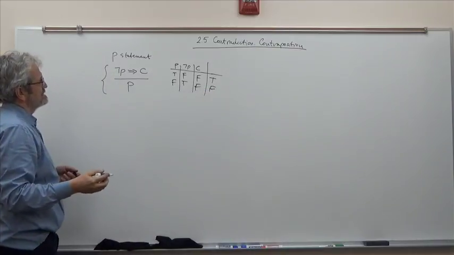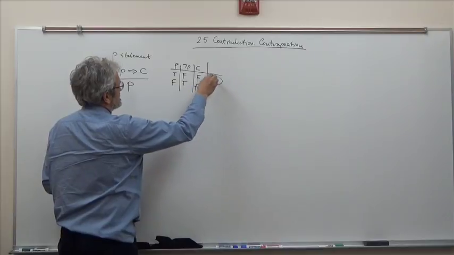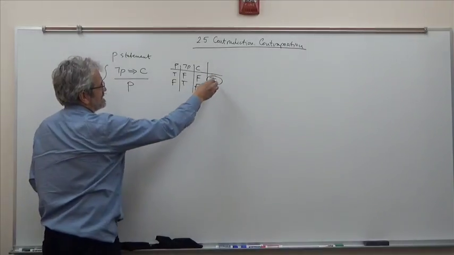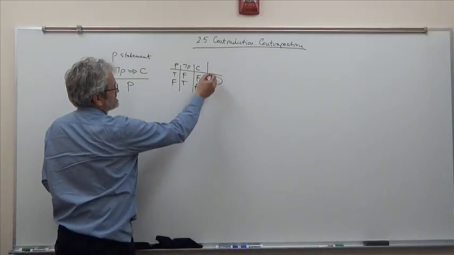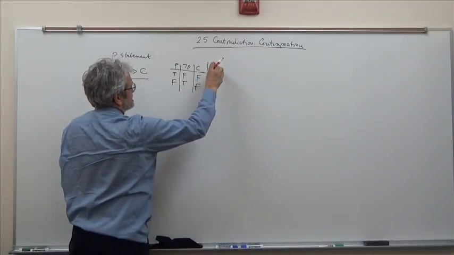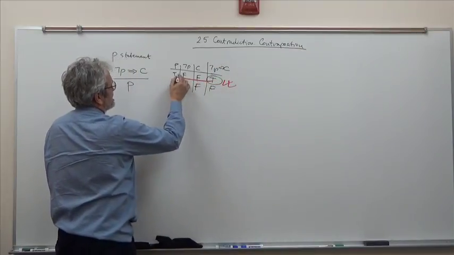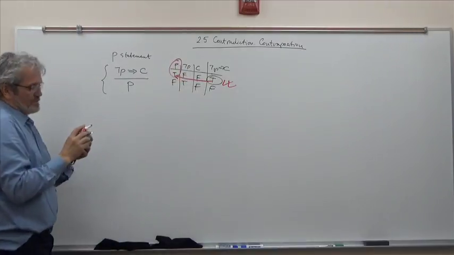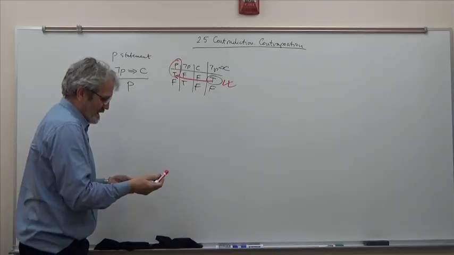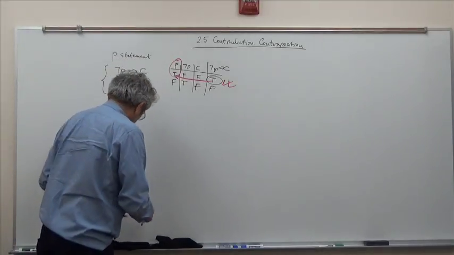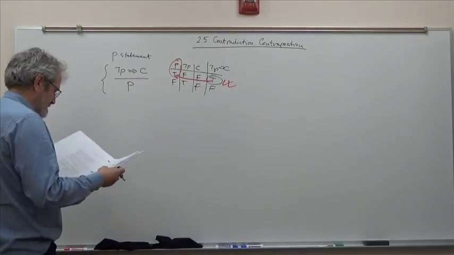So if not P implies C shows up to be true, it must be in the line when P is true. That's the reason why this is the correct way to write a proof.